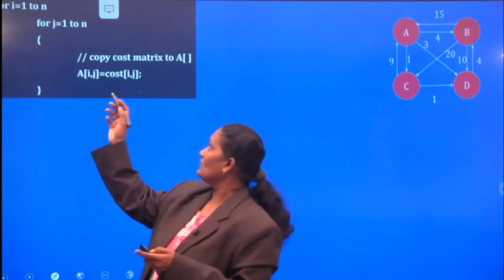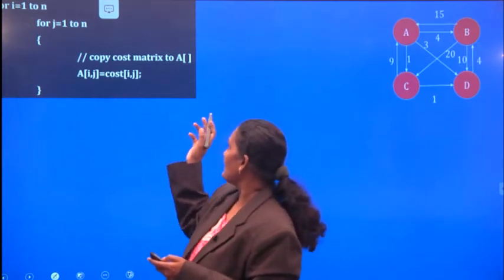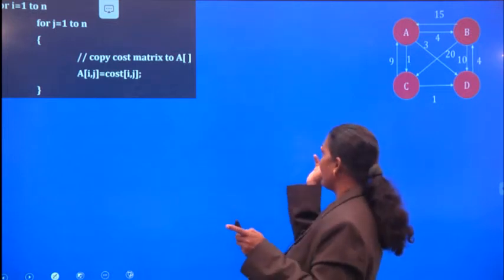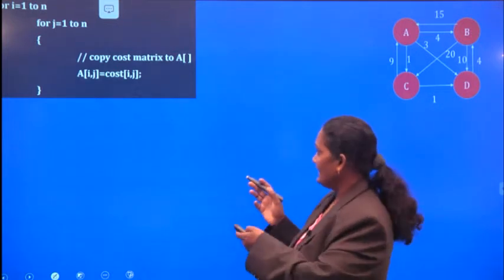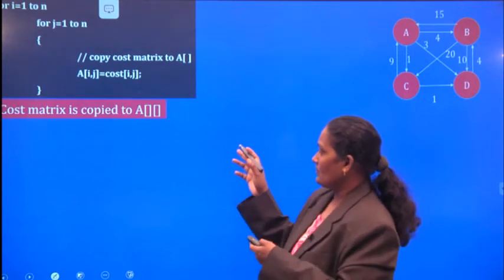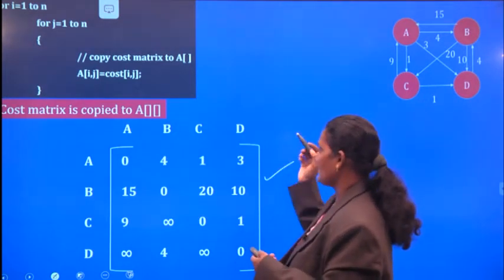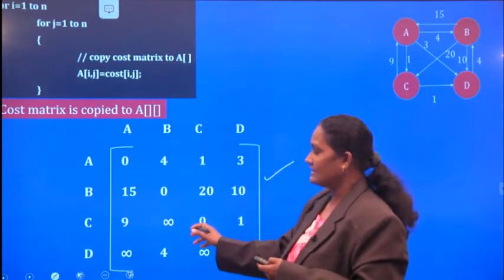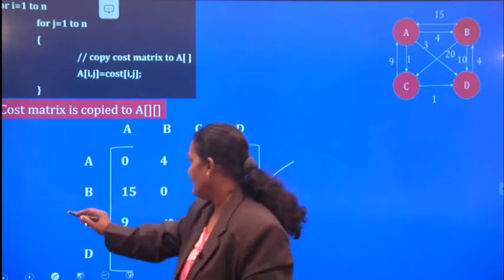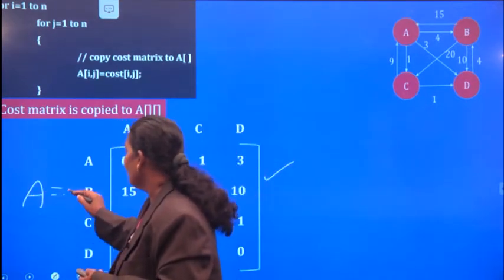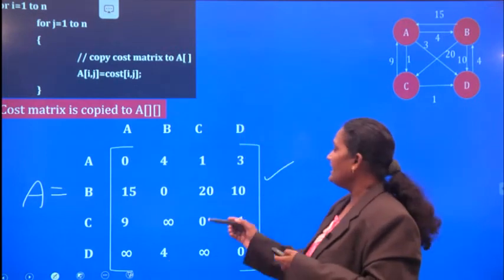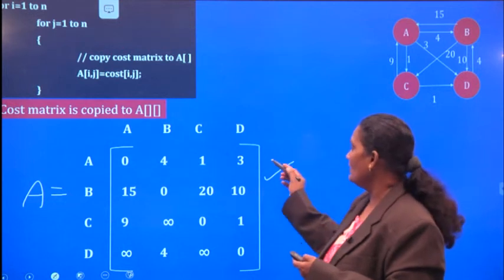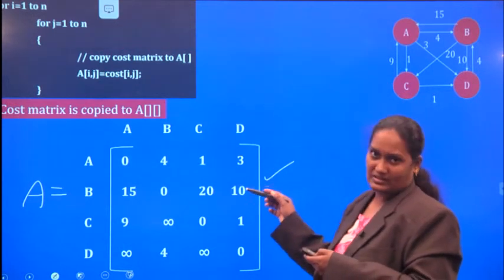For i is equal to 1 to n, for j is equal to 1 to n, copy the cost matrix to A. The cost matrix that we obtained for this graph is directly copied to A. Here this becomes the cost matrix, and that cost matrix is directly copied to matrix A. Here this is the shortest path matrix A. In this matrix we need to update the values with shortest paths.